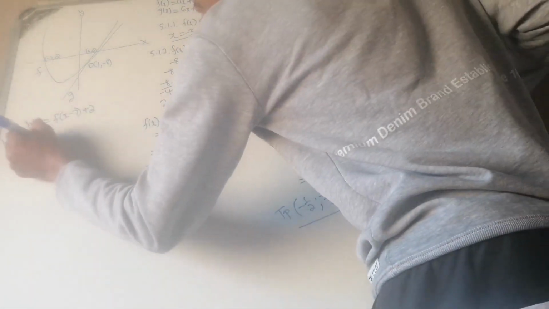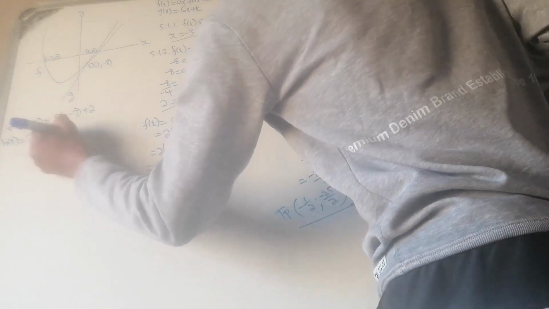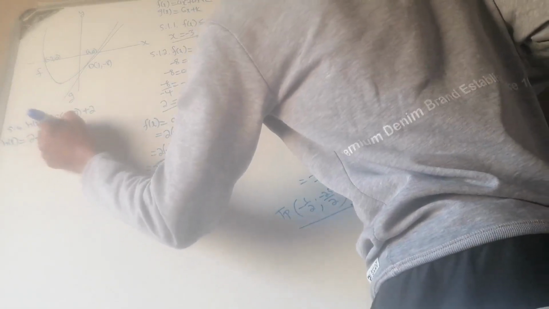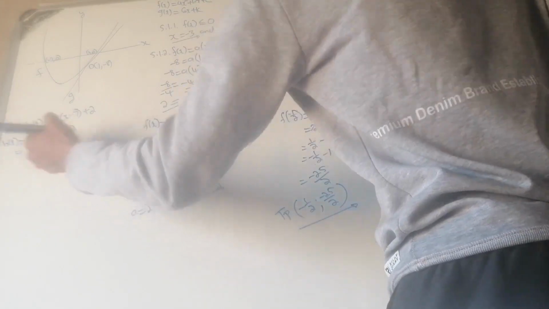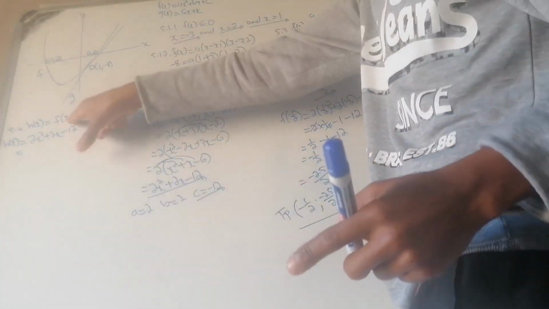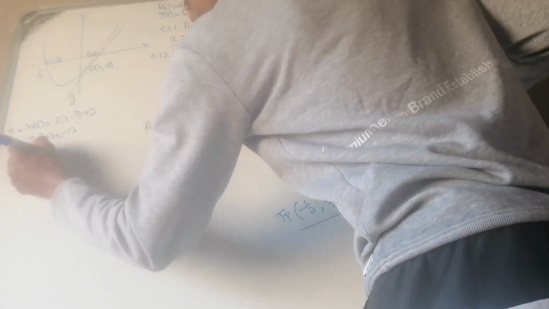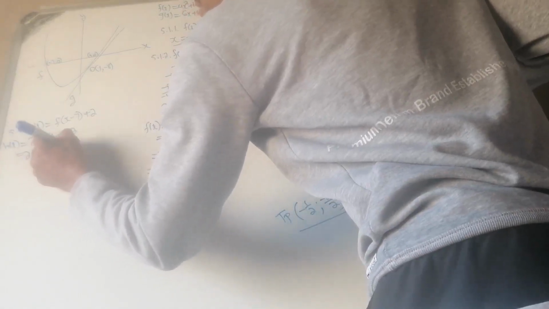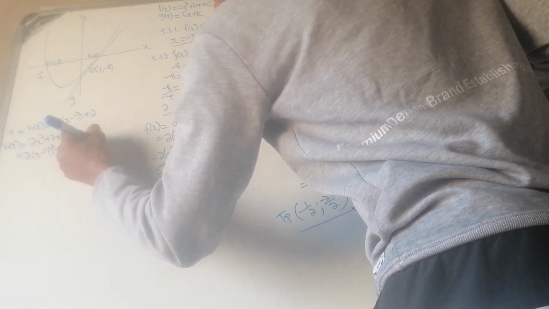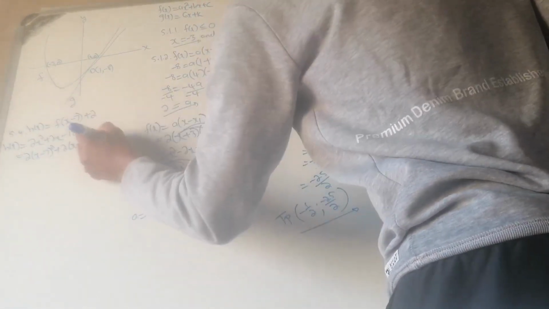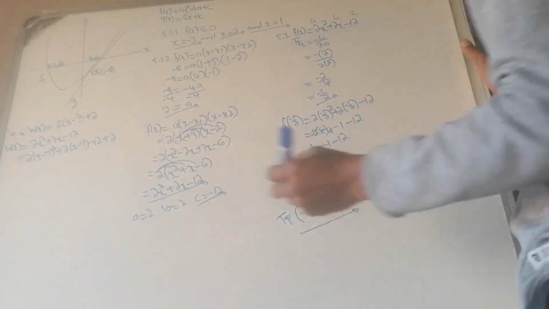F at x is 2x squared plus 2x minus 12. Where we see x in the equation of f, we put x minus 7, and then add 2.